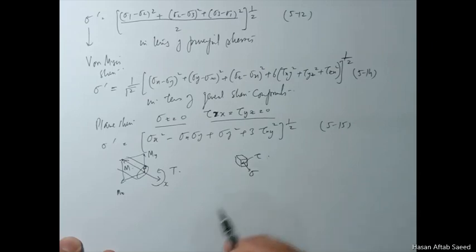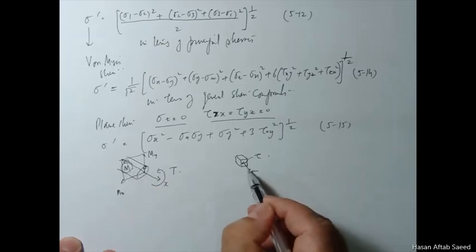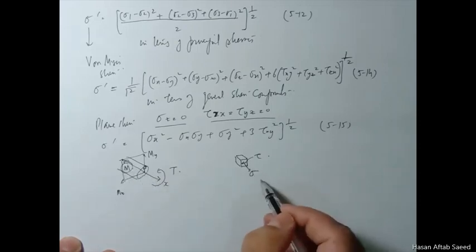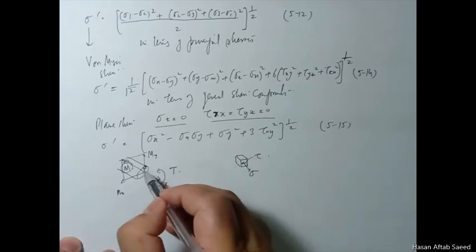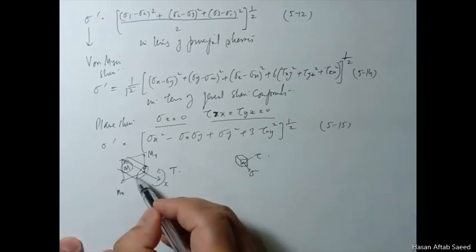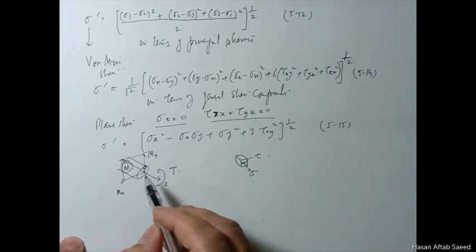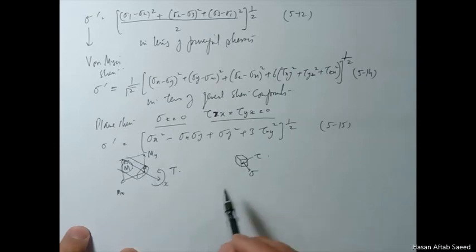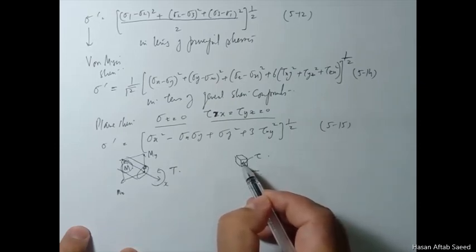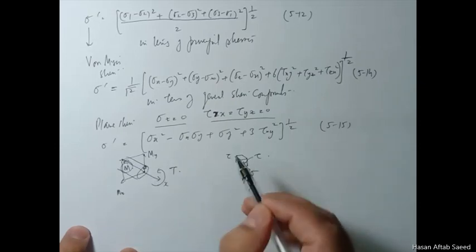This Mz also creates a normal stress in the x direction. So if you combine them together, the net effect of this M is to have a stress in the x direction, sigma. And this torque creates a shear stress, because if you recall, on this plane you have shear stress. But recalling the complementary property of shear, there will be a shear stress here also.